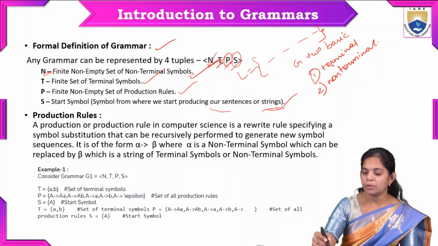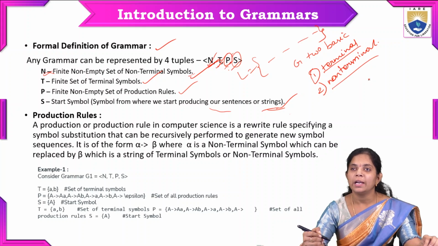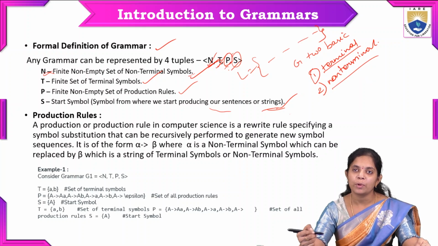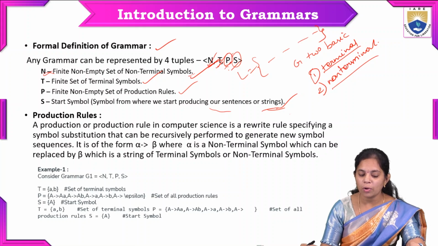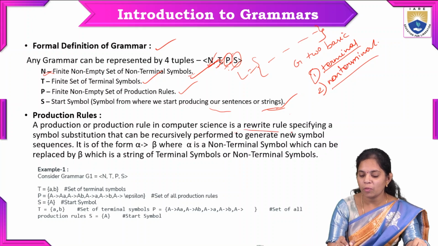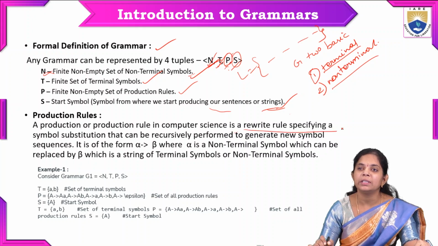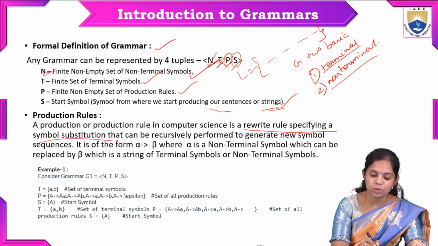Now coming to the production rules. We discussed terminals and non-terminals in the previous slide, and now we will discuss production rules. A production rule in computer science is a rewrite rule specifying a symbol substitution.